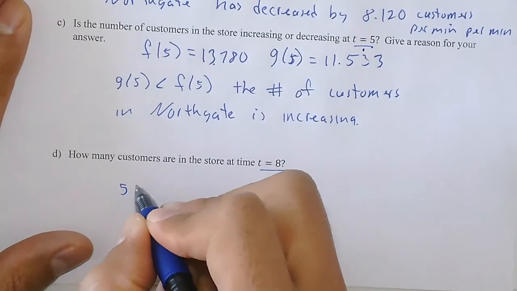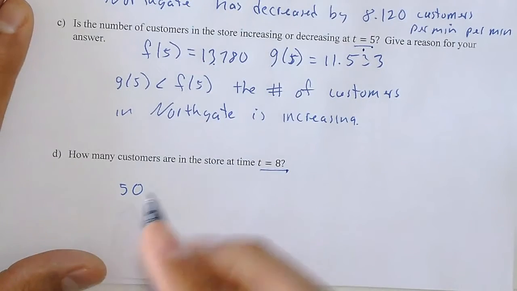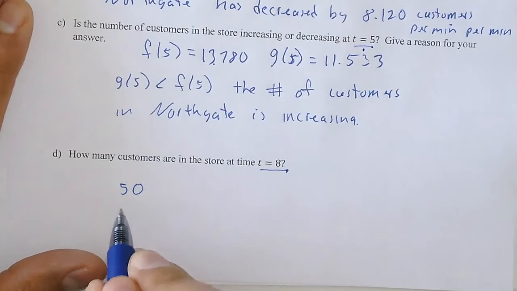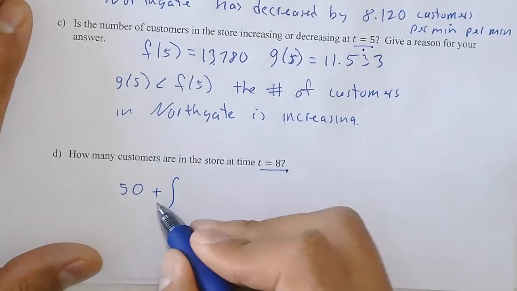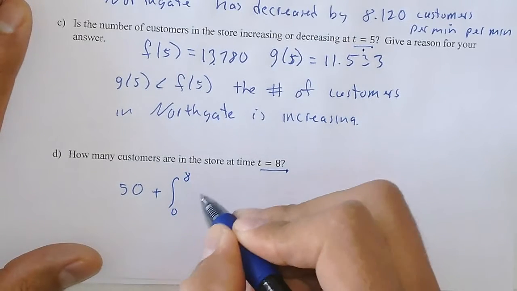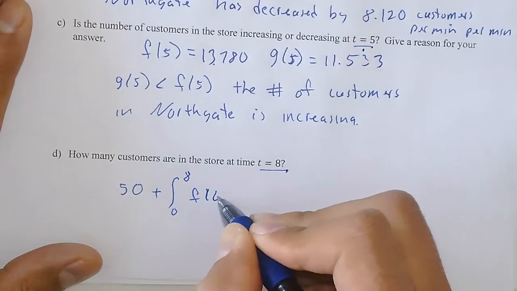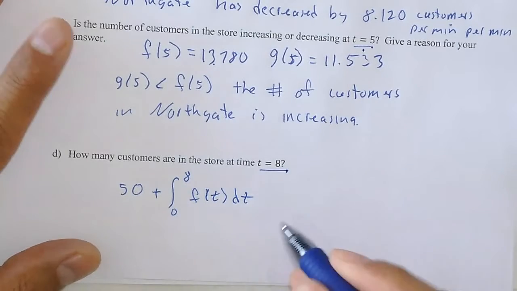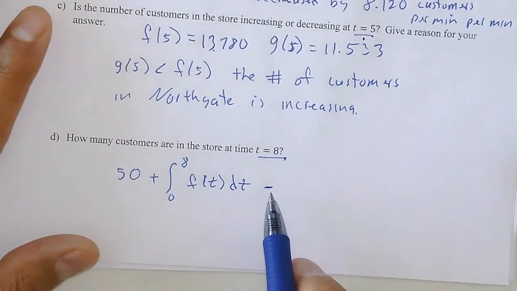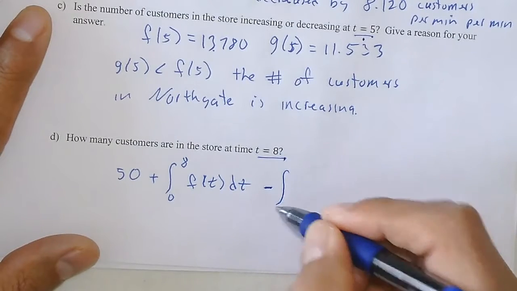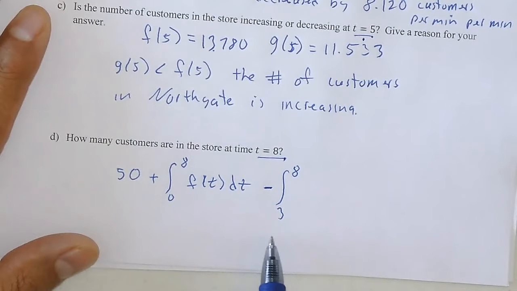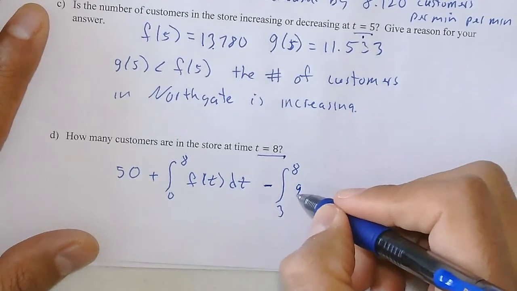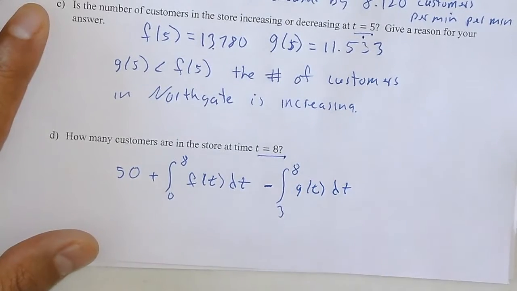Now go back and look at that G. That G is only from 3 to 30. So that's where I'm starting. The initial amount, how many people came in, how many people came out. Again, my calculator. 50 plus, I'm going to go to math 9, and I'm going to integrate from 0 to 8, my function, minus math 9 from 3 to 8, my function that I put in y2.